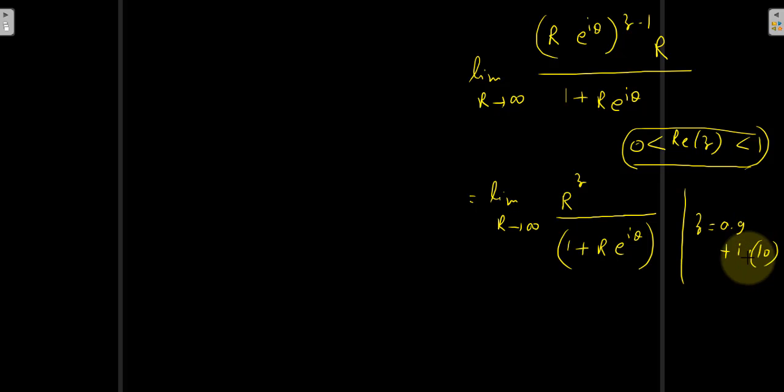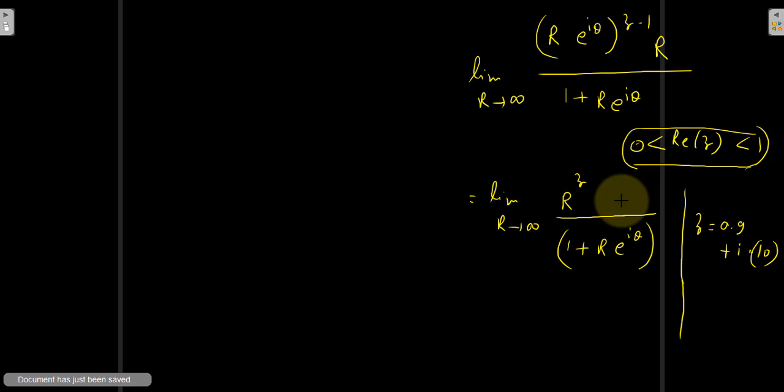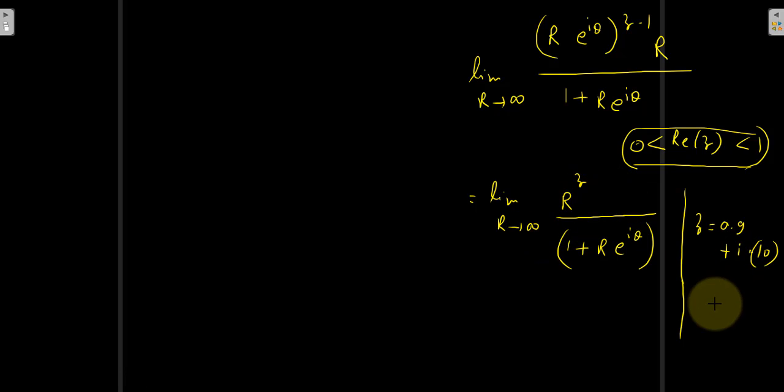So if you put the value of z here and separate out the real part and imaginary part, you will get r^z as r^0.9 multiplied by r^(i10).